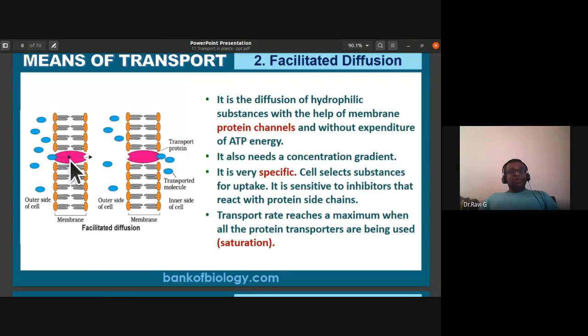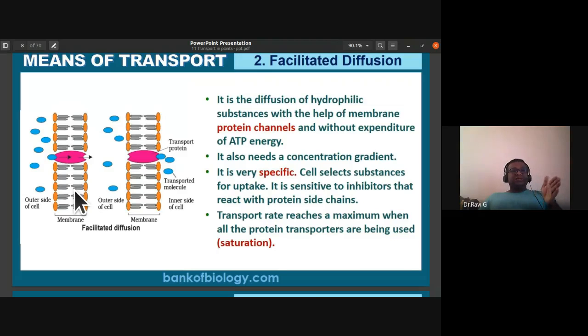So the transport rate will be maximum when all the protein transport channels in the cell membranes are involved in transporting these substances, in facilitated diffusion. That is, the saturation point is reached when all the protein channels or protein transporters in this membrane are involved in the facilitated diffusion.